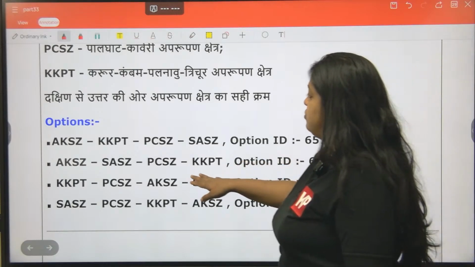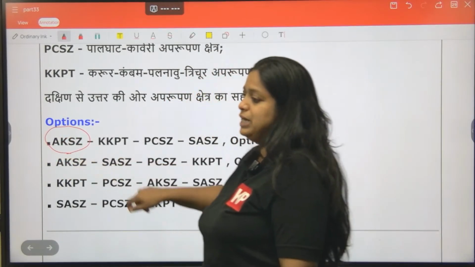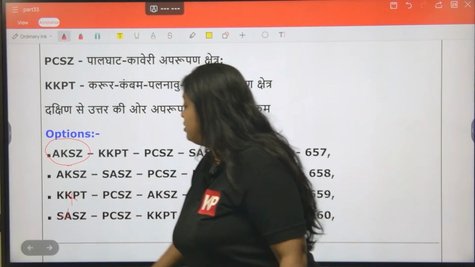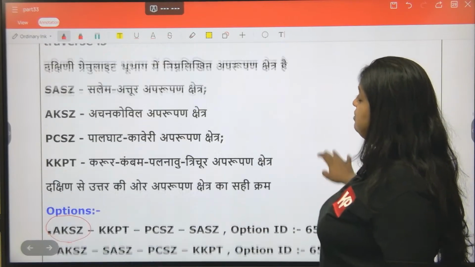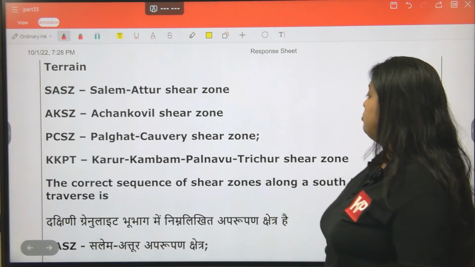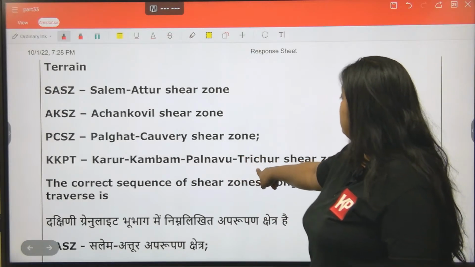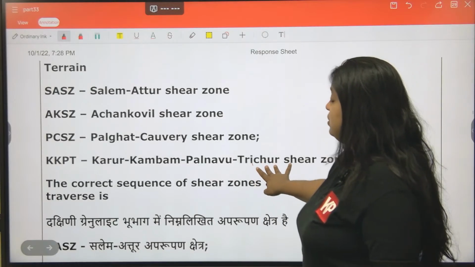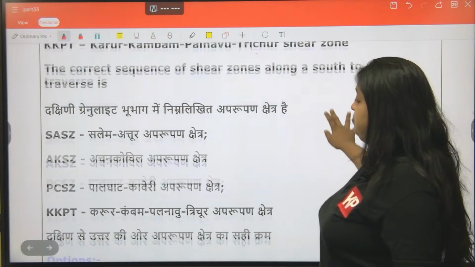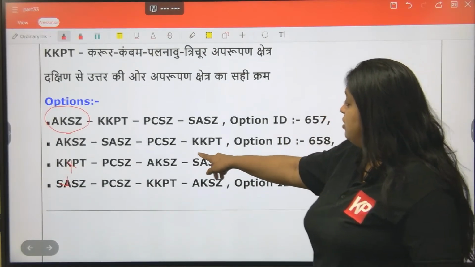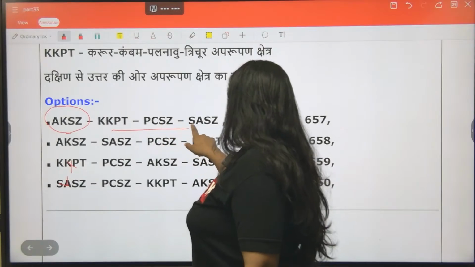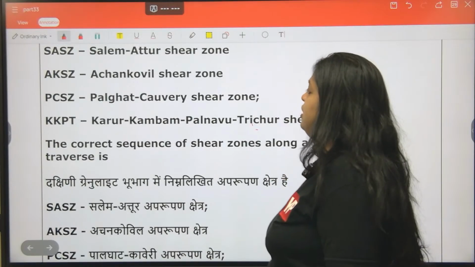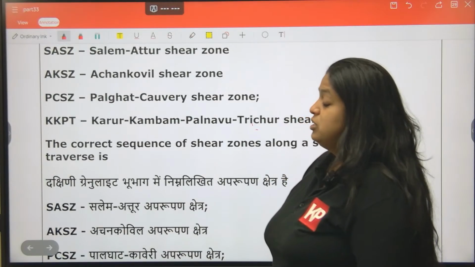So Achankovil shear zone is the southernmost part. So options C and D are wrong. Then comes the Karur Kambam Palghat Trichur shear zone, which is the next one, followed by Achankovil. Then comes the Palakkad Kaveri, then after that comes the Salem Attur shear zone.